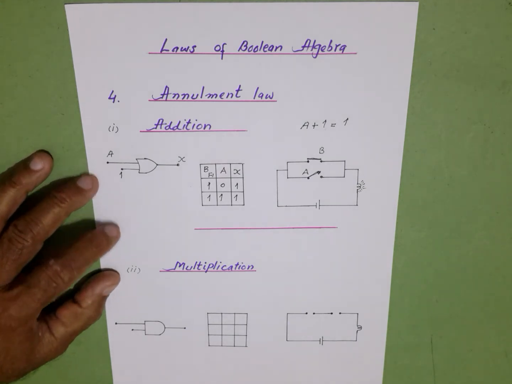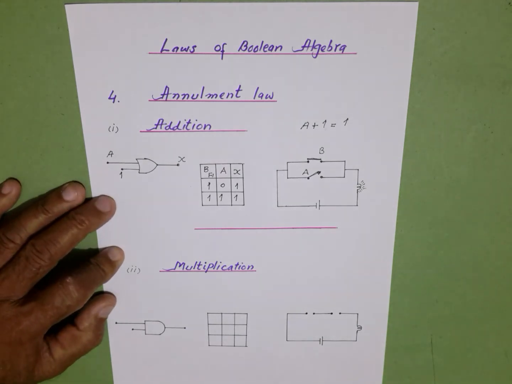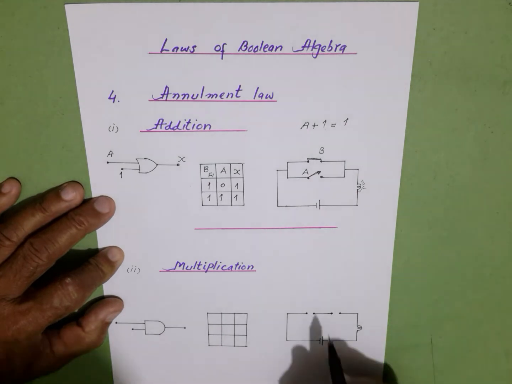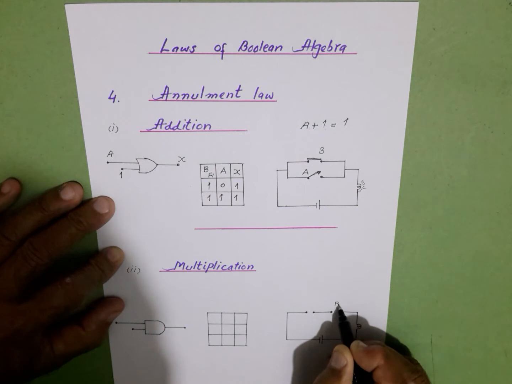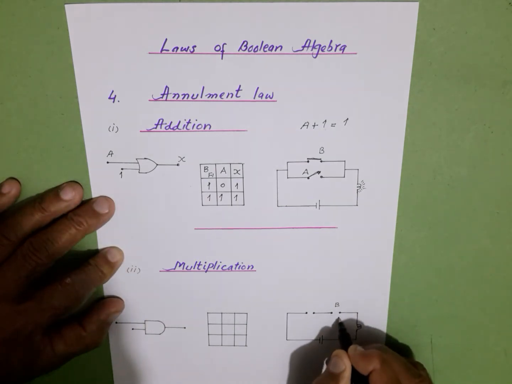Now going to the second part, multiplication. These are the two switches. This is switch B and this is open.